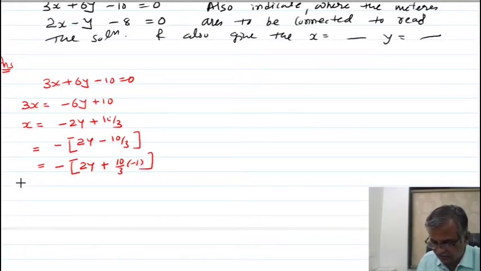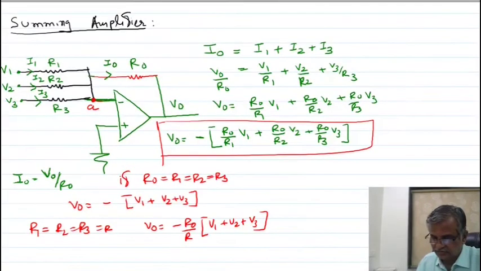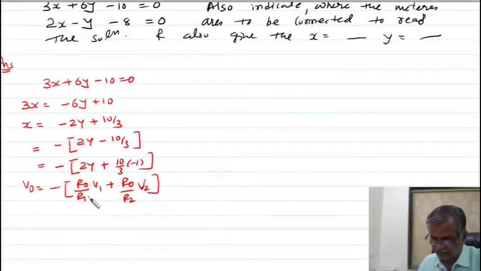The reason is this: we know this equation, Vo is equal to minus Ro by R1 into V1 plus Ro by R2 into V2. This is a standard equation I told you. Please remember this.